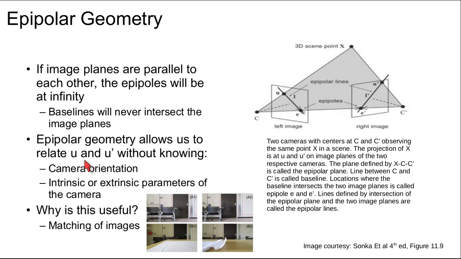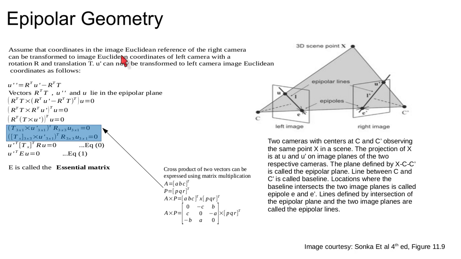We will now study how to relate u and u dash without knowing the camera orientation or the intrinsic or extrinsic parameters of the camera. Now let us assume that all the coordinates in the right hand side camera can be transformed into the image Euclidean coordinates of the left camera with a rotation r and a translation t.